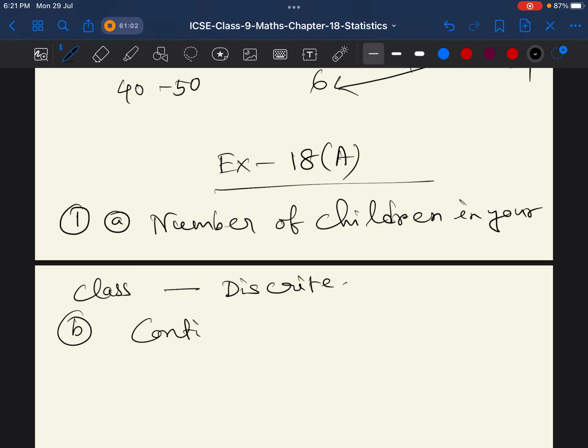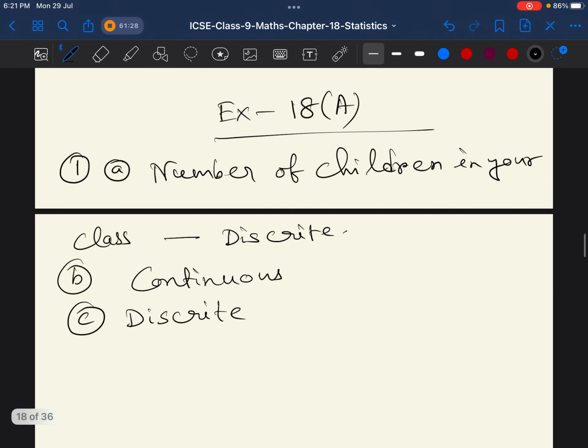It is continuous, it will be decimal values: 10.2 kilometers, 4.5 kilometers, 1.2 kilometers. So this is a continuous variable. Now C, size of shoes. This will be discrete, it has a fixed value.